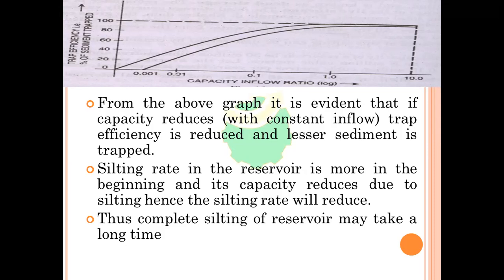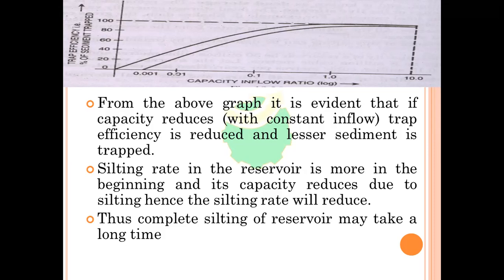So that is the reason the curve shape is like that: initially fast growing and after that it reaches a straight line. So the graph is evident that if the capacity reduces, trap efficiency is reduced and lesser sediment is trapped.